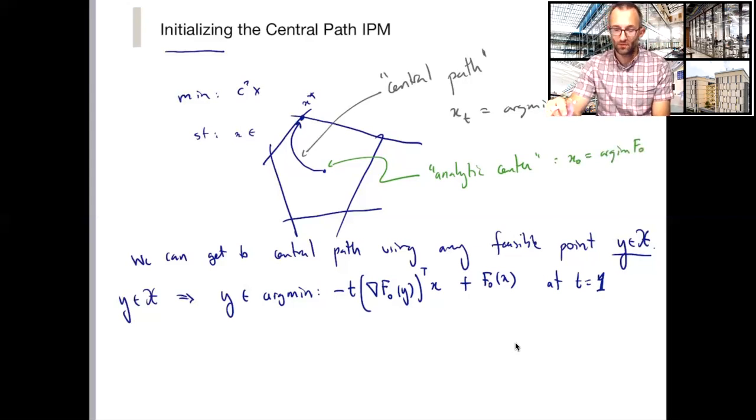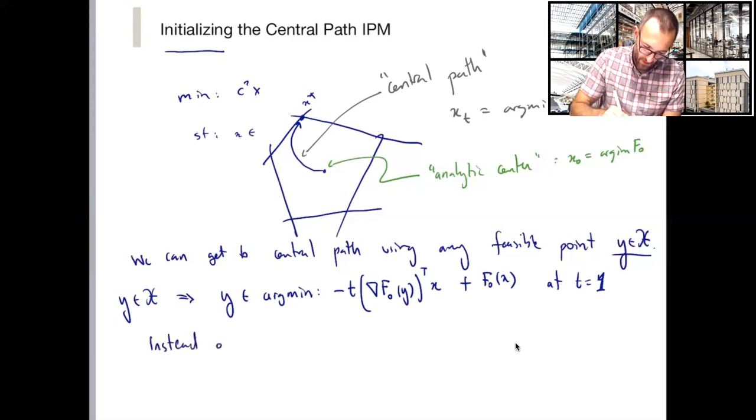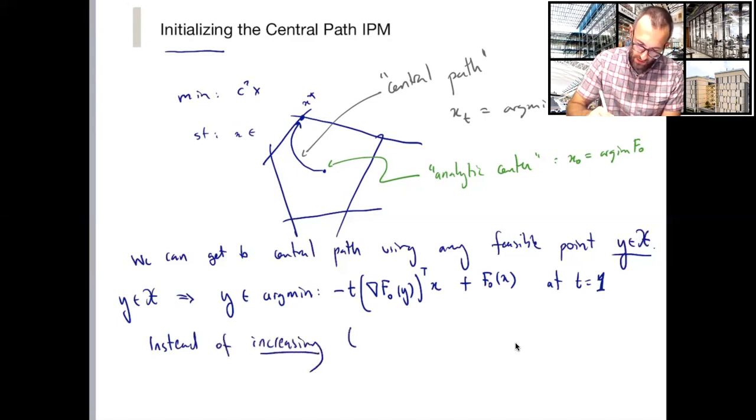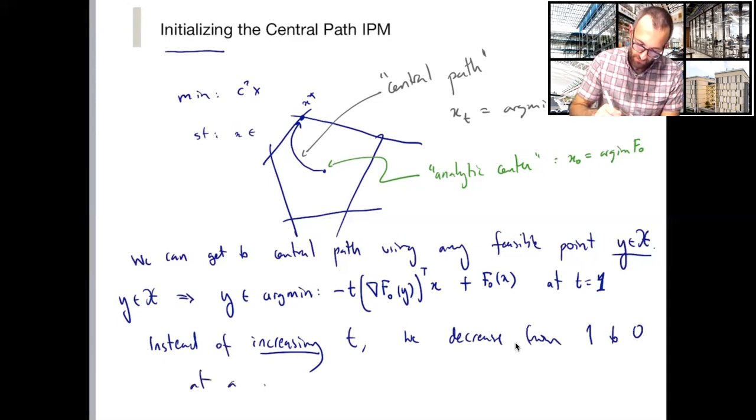So we can follow essentially exactly this outline, but instead of increasing t, which solves our linear program, we decrease it from 1 to 0, again at a geometric rate.